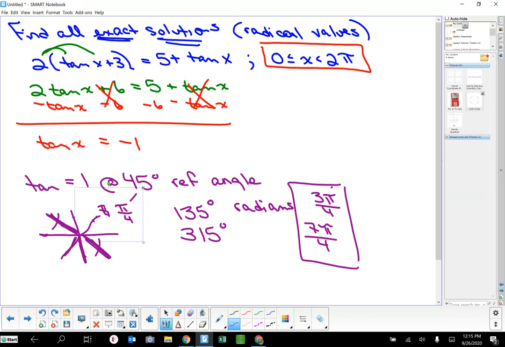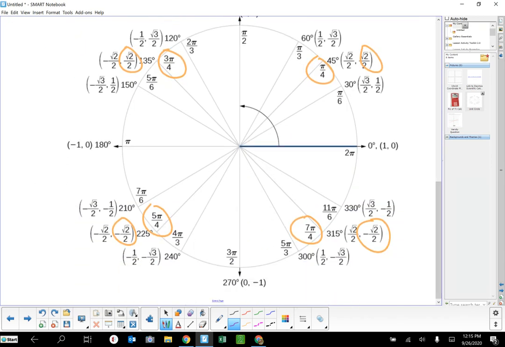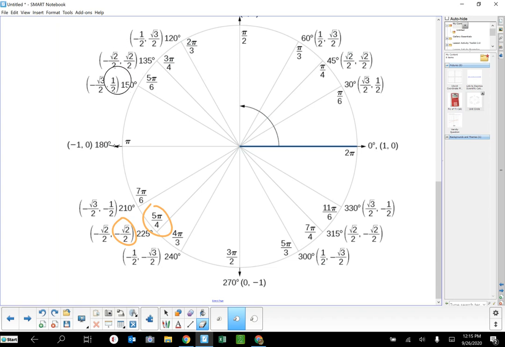I'm going to just flip back to my unit circle, though. Now, tangent is -1, right? That's what we know. I'm going to go back to my last screen and go to my unit circle at the bottom. Okay, I'm also going to erase these circles on here. Now, you guys don't have tangent on here because there's sines and cosines in these unit circles, right?